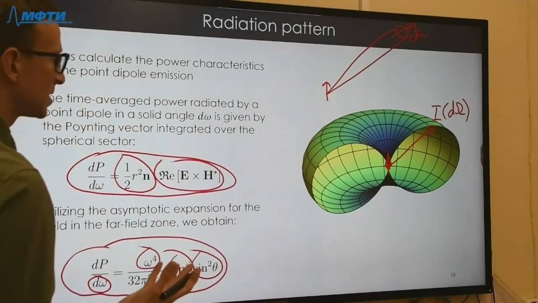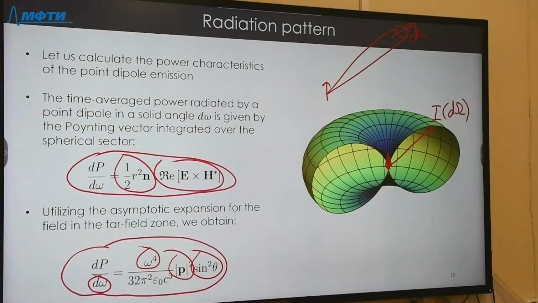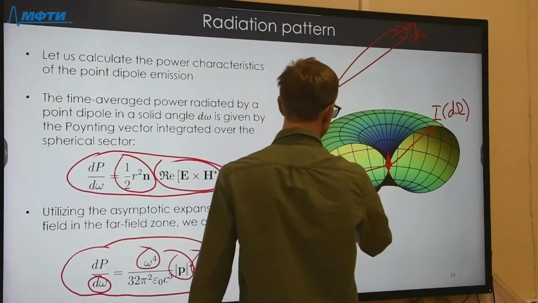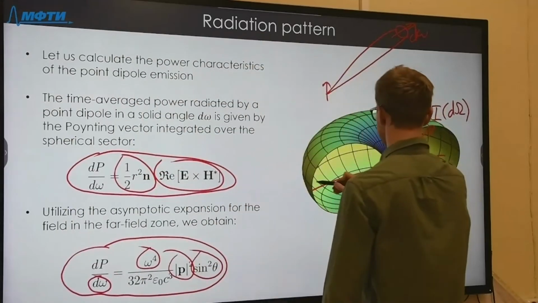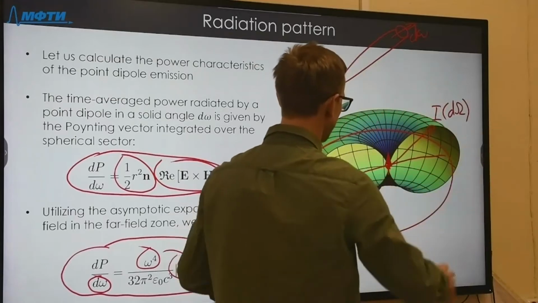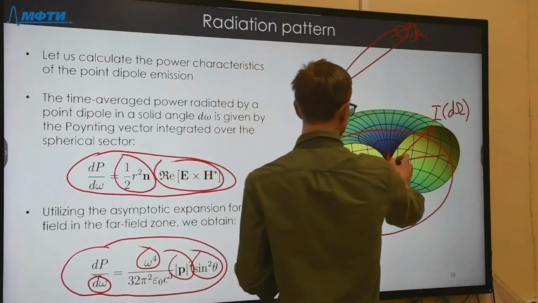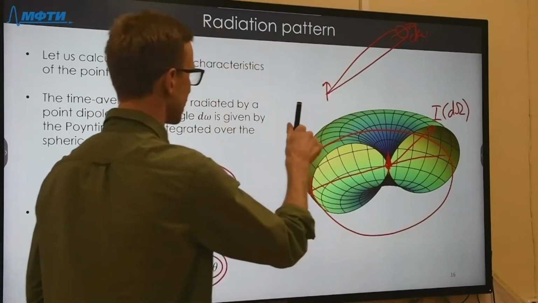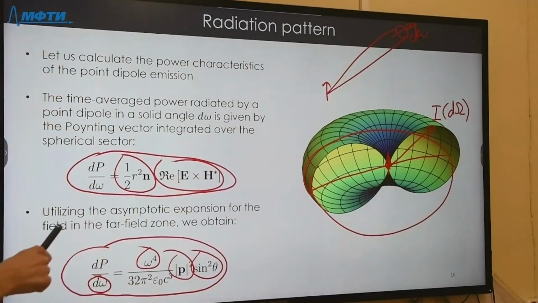And from that, you can clearly see that the dipole radiates most of its power in the horizontal direction, and not vertically. It radiates exactly 0 intensity along its axis. And this is in accordance with the pictures that we already saw.